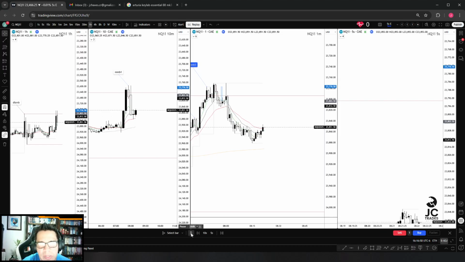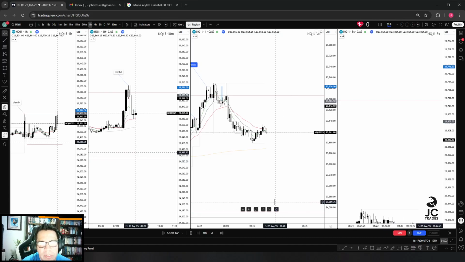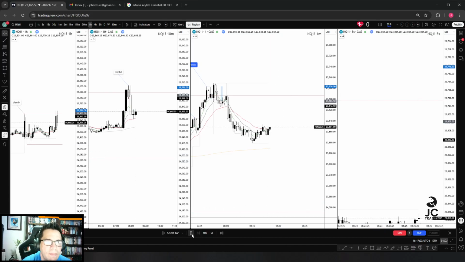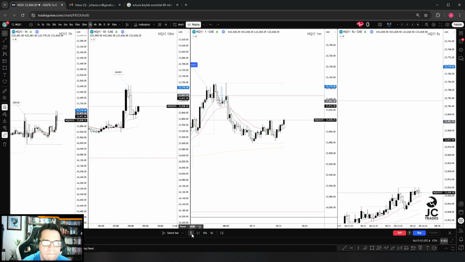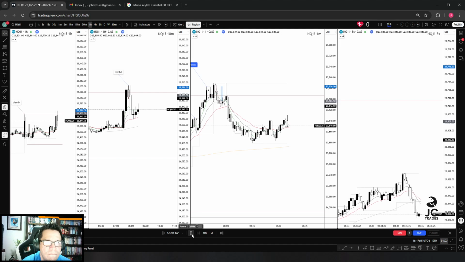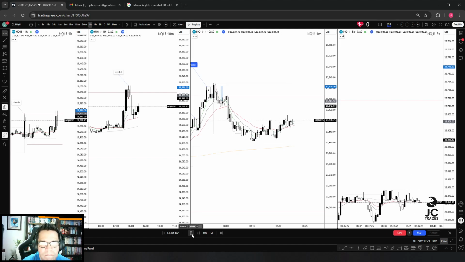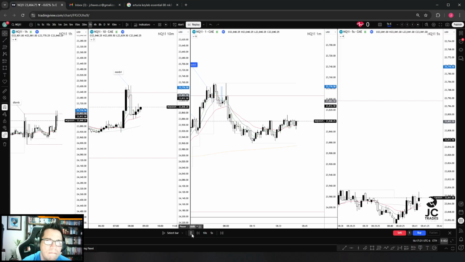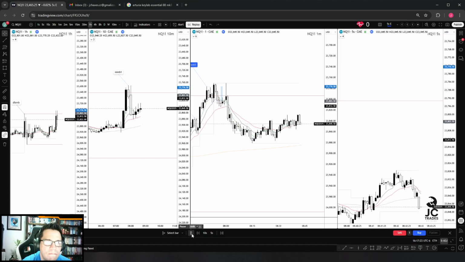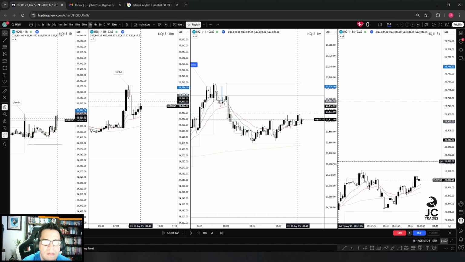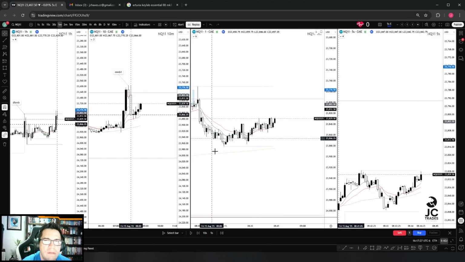At this point, we are basically 1 hour into the session, and we had basically one trade, which ended up being a break even. So this is again a lot of chop here.